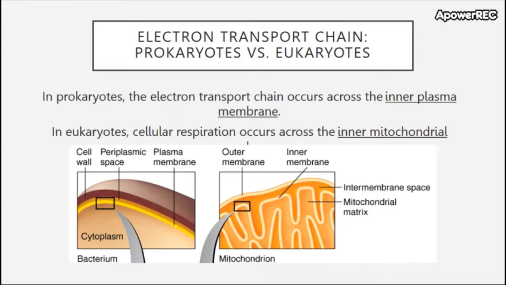Let's go back to an analysis between bacterium or prokaryotes and mitochondrion. Here we can see that prokaryotes have their electron transport chains occur on the homologue of the mitochondrion's inner membrane, which would be their inner membrane, their plasma membrane. In eukaryotes, cellular respiration occurs across the inner mitochondrial membrane, as we can see in the second figure.